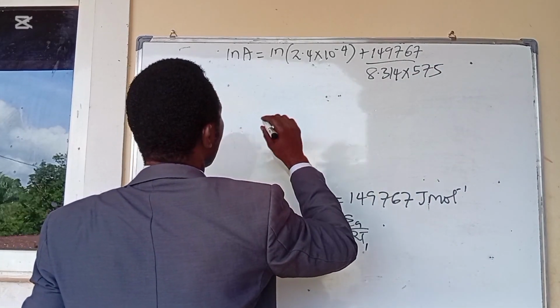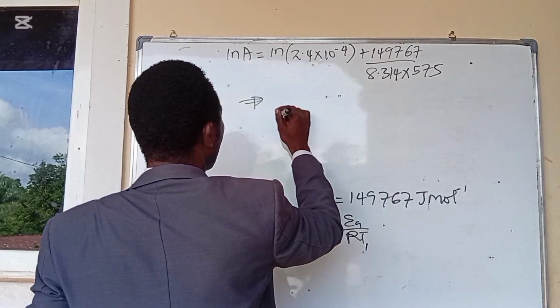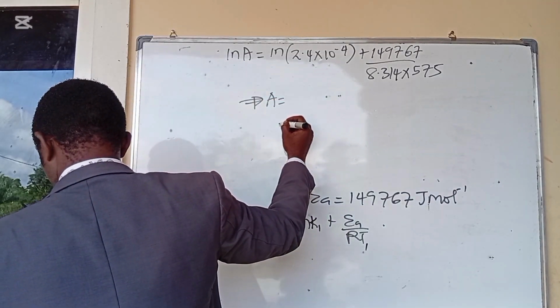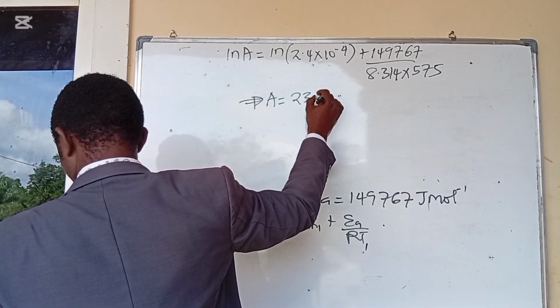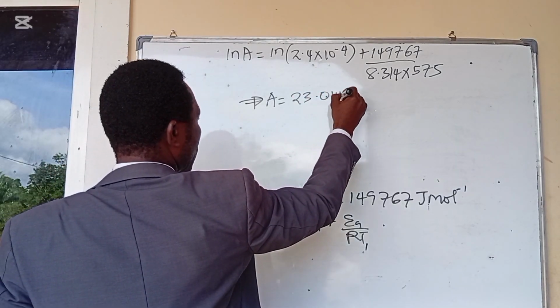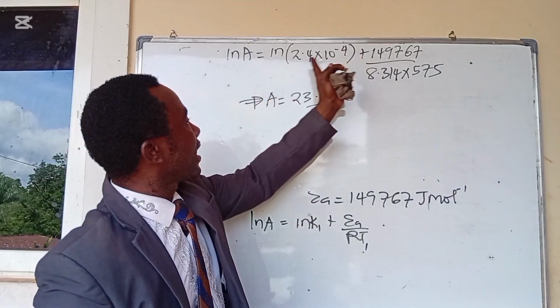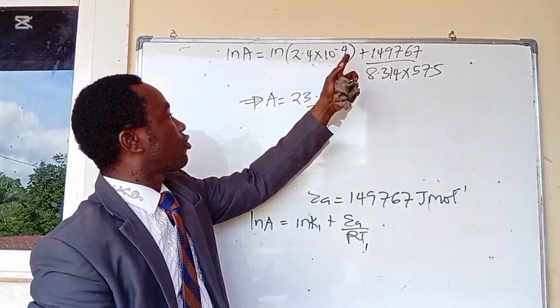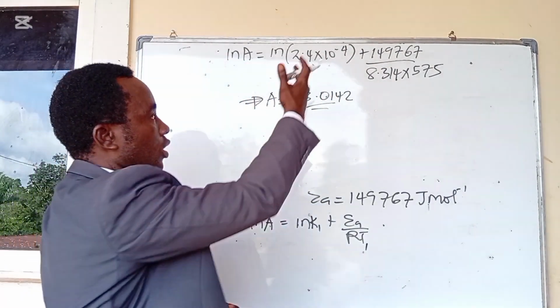So from here you will get ln A equals 23.0142. That is the answer. What did I do? Simplify this side, take the ln of this, divide this and add together. When you add together, for you to get A, you take the antilog of what we have here.